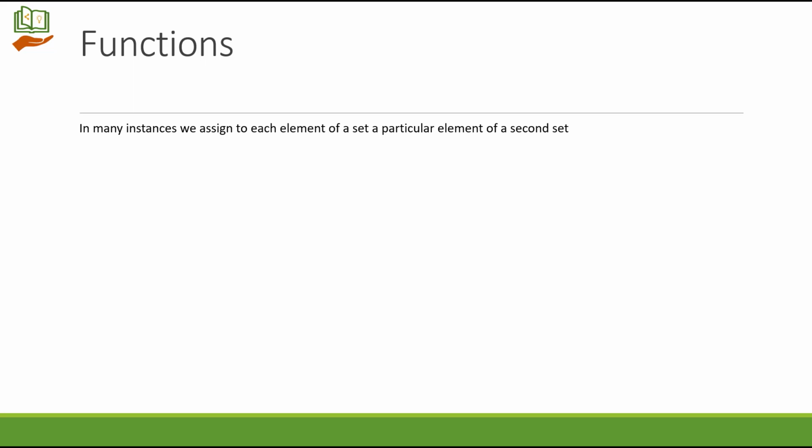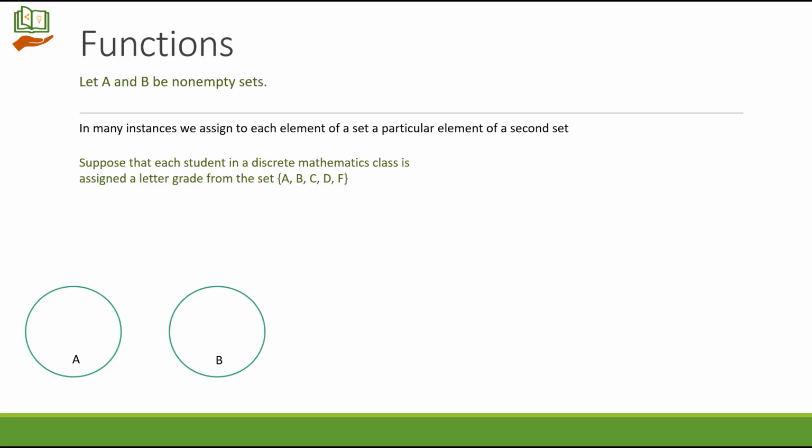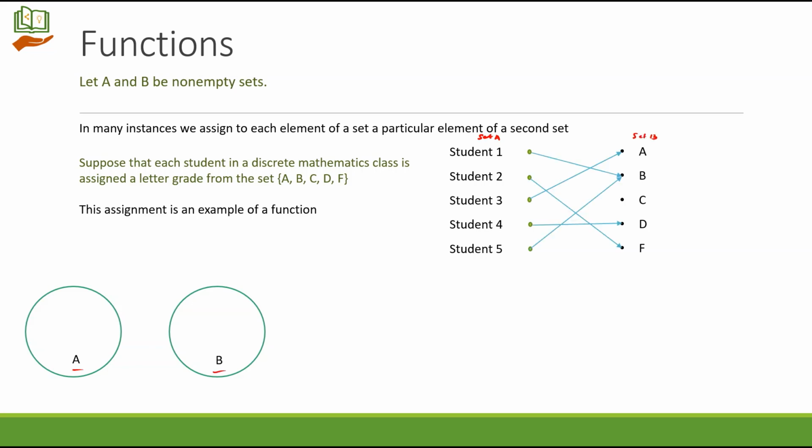Let's first recall the set elements. In many instances, we assign to each element of a set a particular element of a second set. Suppose each student in a discrete mathematics class is assigned a letter grade from the set A, B, C, D, F. So let's take two non-empty sets, named A and B. We have student 1, student 2, student 3, student 4 and student 5 in set A, and the grades A, B, C, D, F in set B. Now we have a mapping.